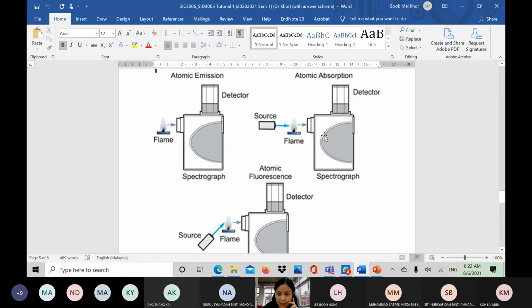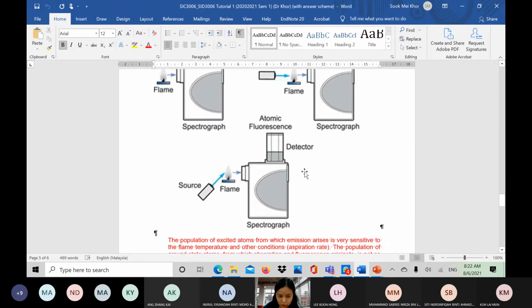So you have to be very careful and understand all these concepts between AES, AAS, and AFS. AES is highly affected by the temperature, the gas flow, the aspiration rate. Not for these two, because the excitation and also the population at the ground state, for the excitation, is due to the light source.